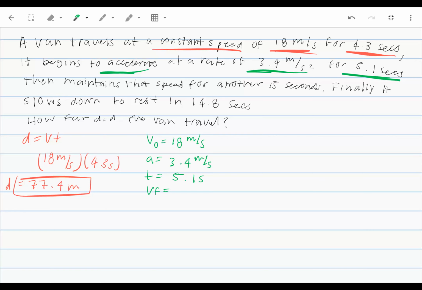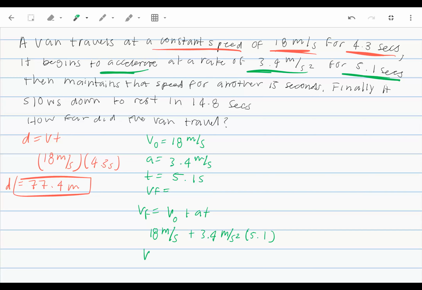In order to find final velocity, VF equals VO plus acceleration times time. Plug it in: 18 meters per second plus acceleration, 3.4 meters per second squared, multiplied by 5.1.